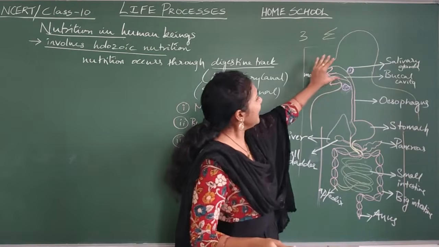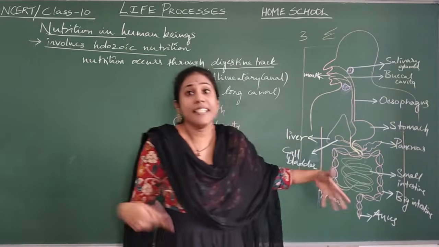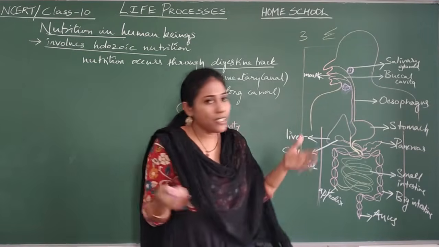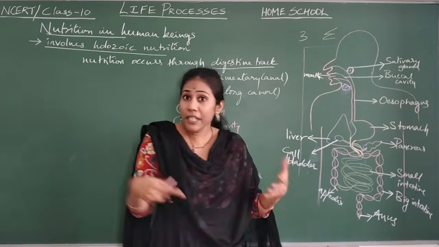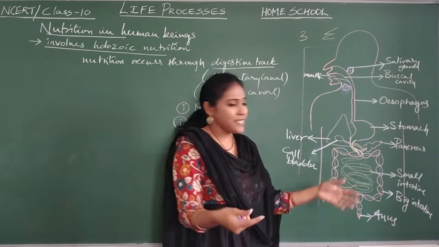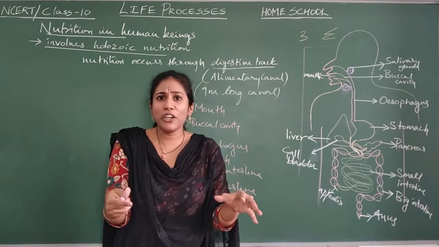Okay, this is how the food passes inside our body. In each and every organ, some process is happening. At the buccal cavity, something is happening to the food. In the esophagus, something happens. In the stomach area, many things are happening to the food. In the small intestine, too much activity is going on. And in the big intestine, something happens with the food.